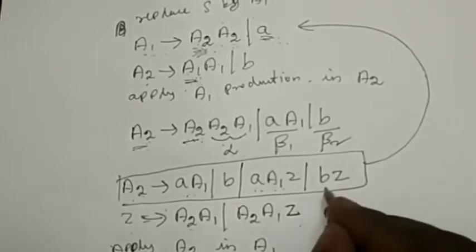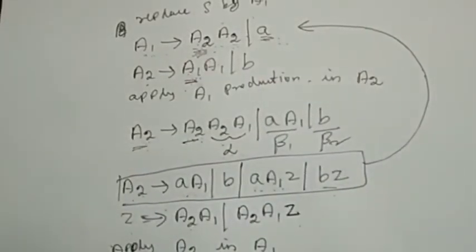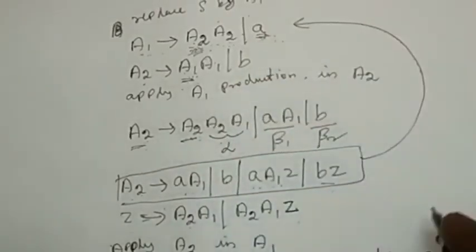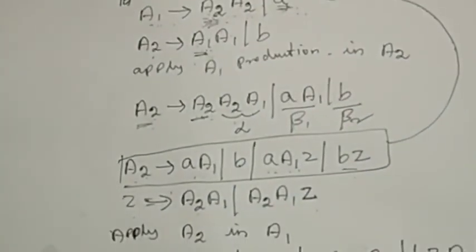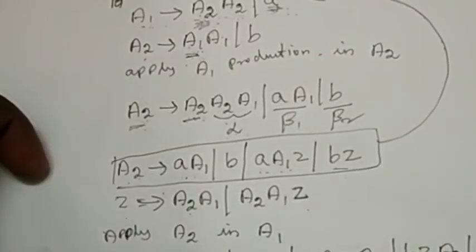Now you replace A2 by BZ, so BZ A2, and already A exists over there, so you write A. So A1 has got that equation.